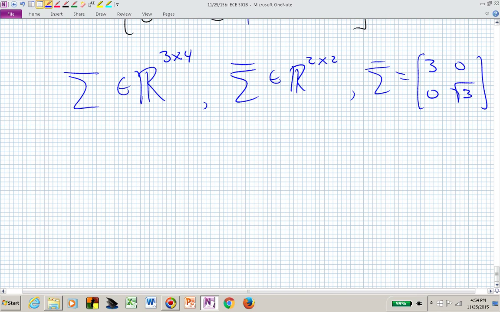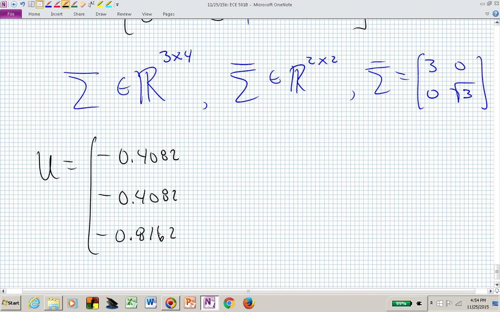We can complete this, and maybe what I will do is quickly write down what the other matrices are equal to. U is now going to be a 3 by 3 matrix, and each of those columns of U needs to form an orthonormal set.